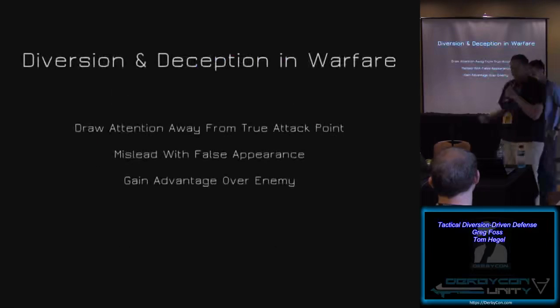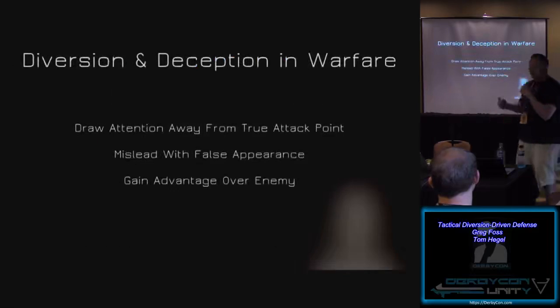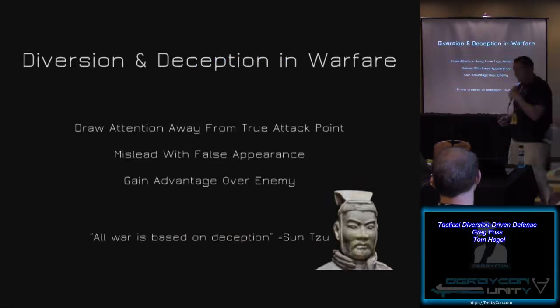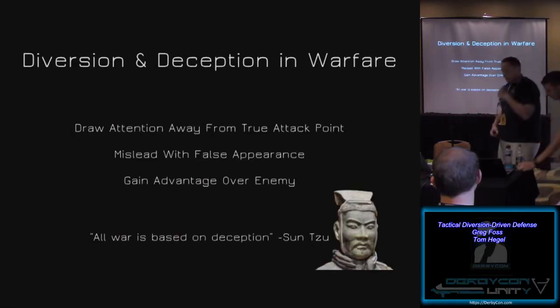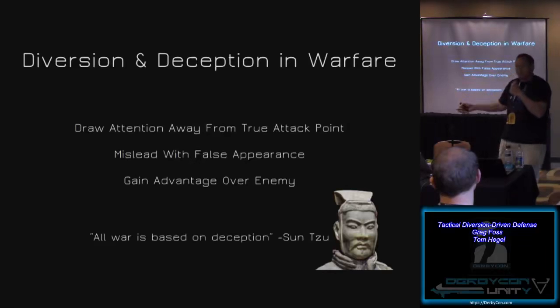So, today what we're going to talk about is essentially diversion and deception and how this has been a very successful tactic in warfare, and then how we can take those same mindsets and techniques and apply them to information security. Some of the key points we're going to be touching on are drawing attention away from the main point of attack, just simple diversion, right?